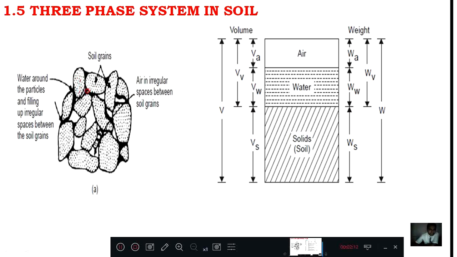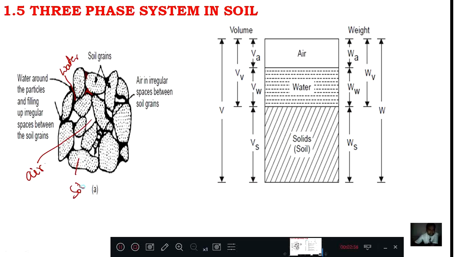In between, some black color is there, which means some other chemicals may be there, or it might be a particle again. The color is white and black, therefore it looks like that. It might be water also. And here some blank is there, some white color, where nothing is there. I can say that nothing is there, meaning there might be air here. And this is the solids.